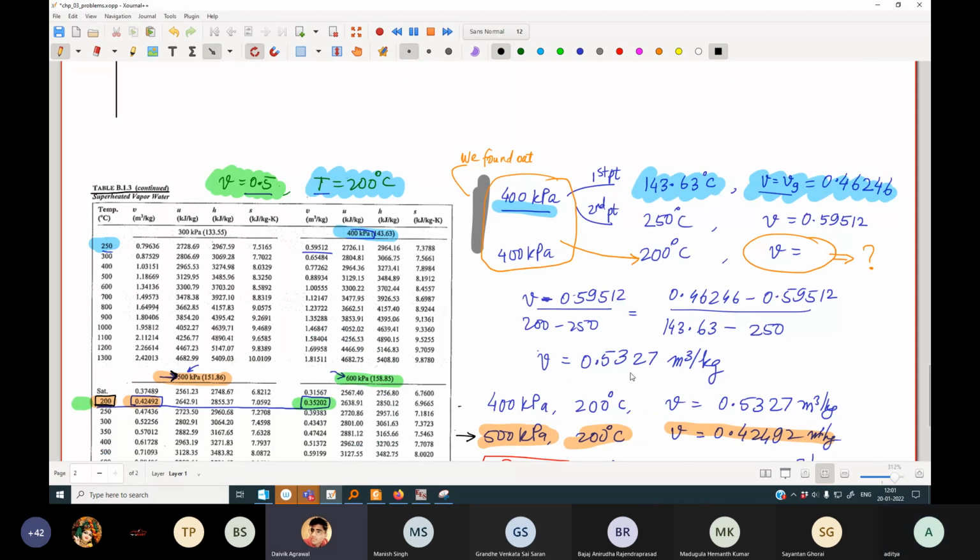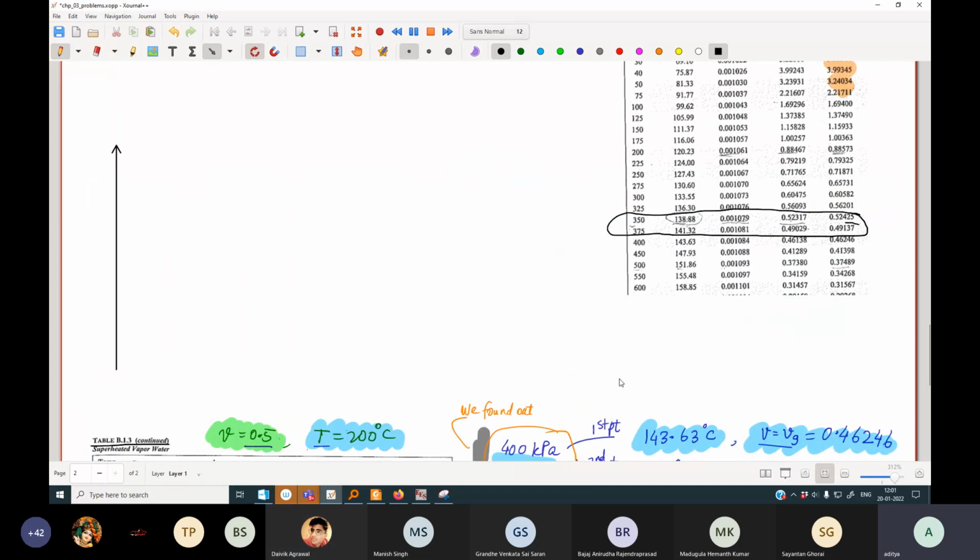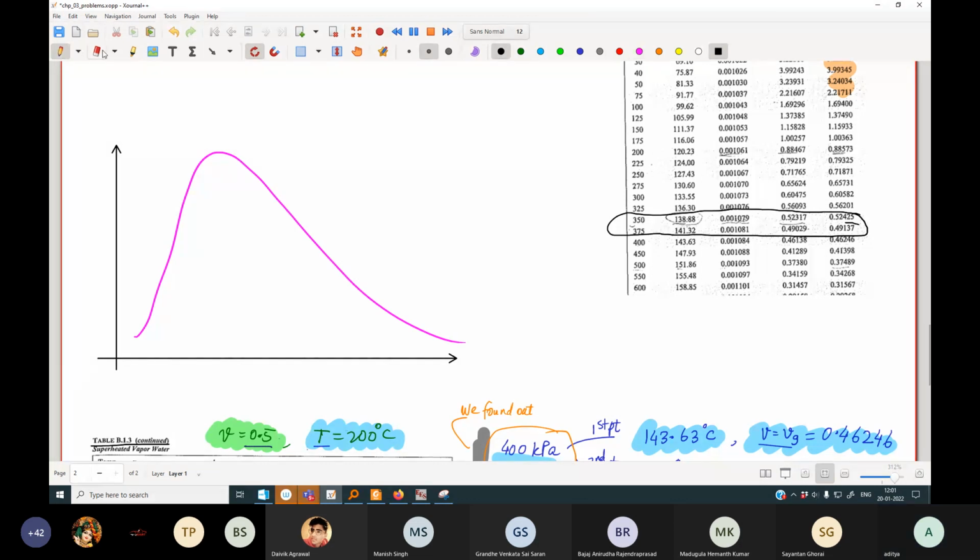So almost all temperatures after the saturation temperature will be most likely given in the table. I was about to draw that. Everyone, you can pay attention. This is not going to hurt you in any way. So this is PV, and this is the isotherm.